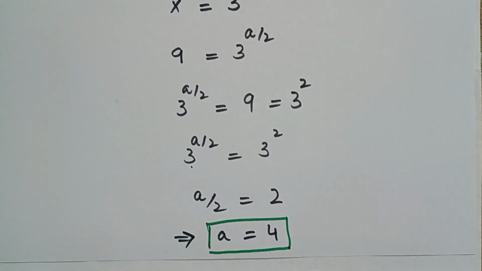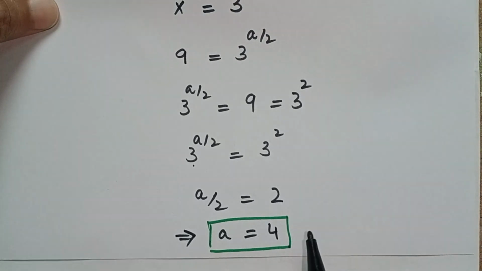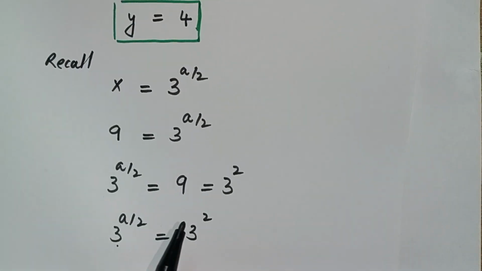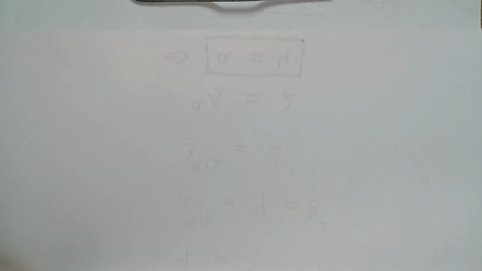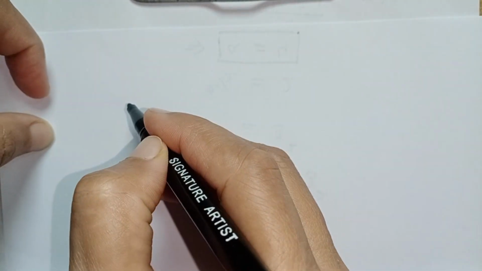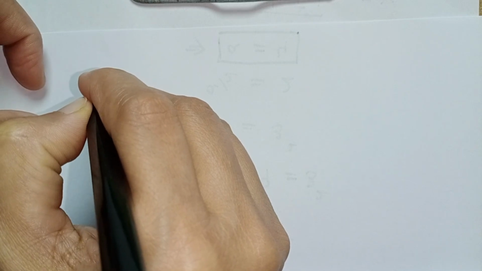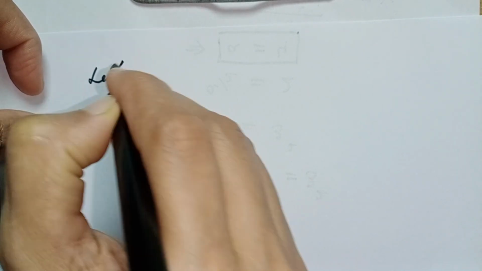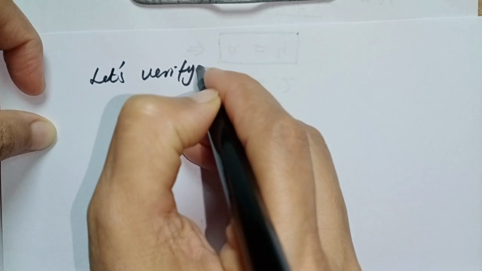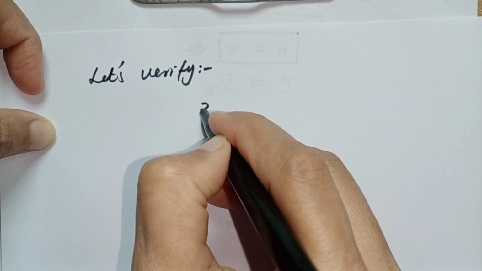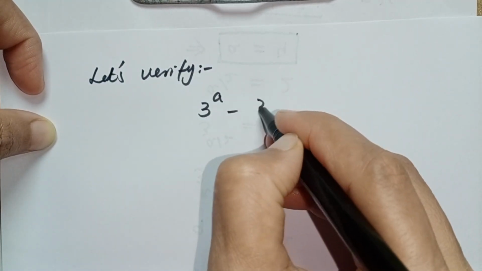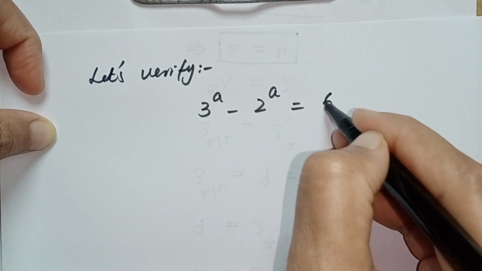Now we need to verify this value. So we will use the equation to plug in the value of a to verify. Let's verify. 3 to the power a minus 2 to the power a is equal to 65.